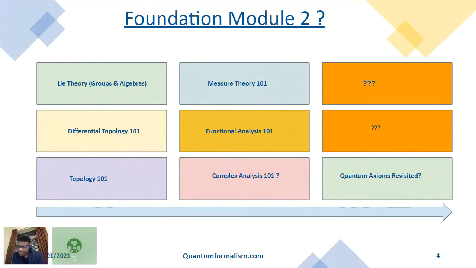So Amir is saying perhaps for the orange boxes one could spend a lot of time talking about symmetries and these things after this, because you will already have the language of symmetries here.